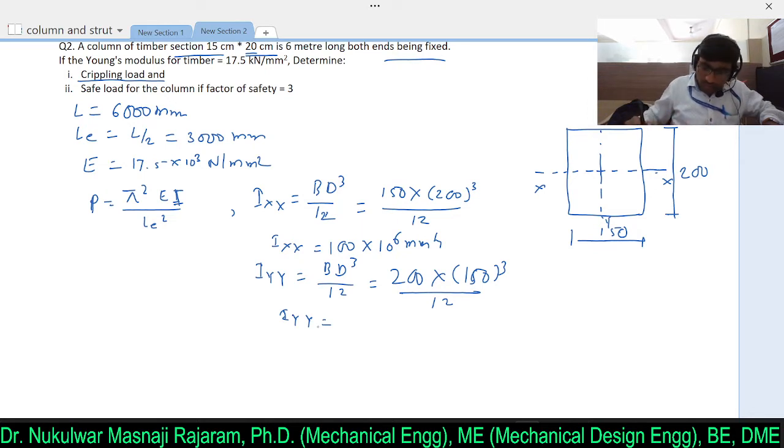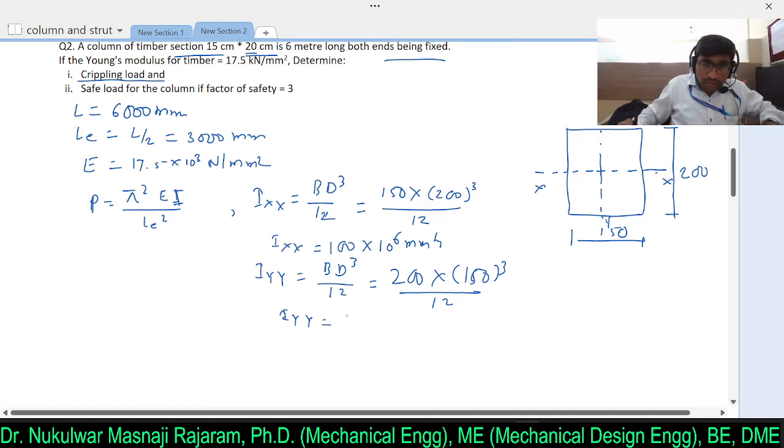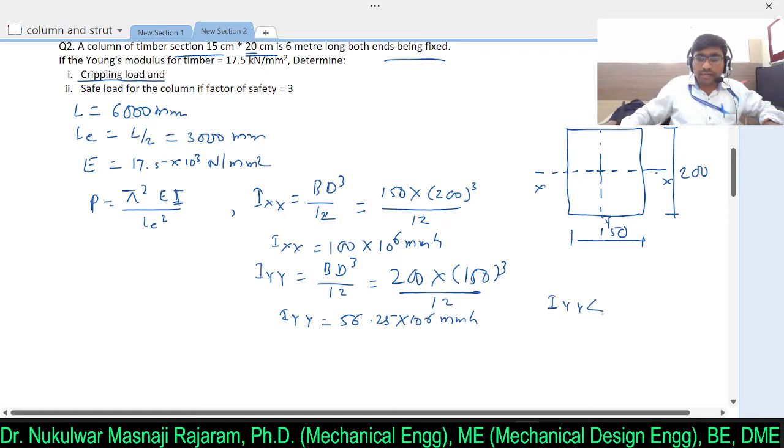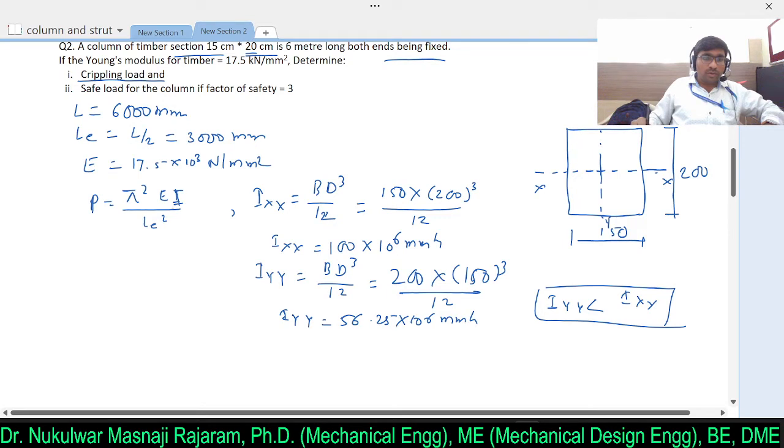So it will be near about 56.25 into 10 raised to 6 mm raised to 4. Clear? So from this it is clear that Iyy is less than Ixx. So in this formula, what will I consider? I will consider the Iyy value.